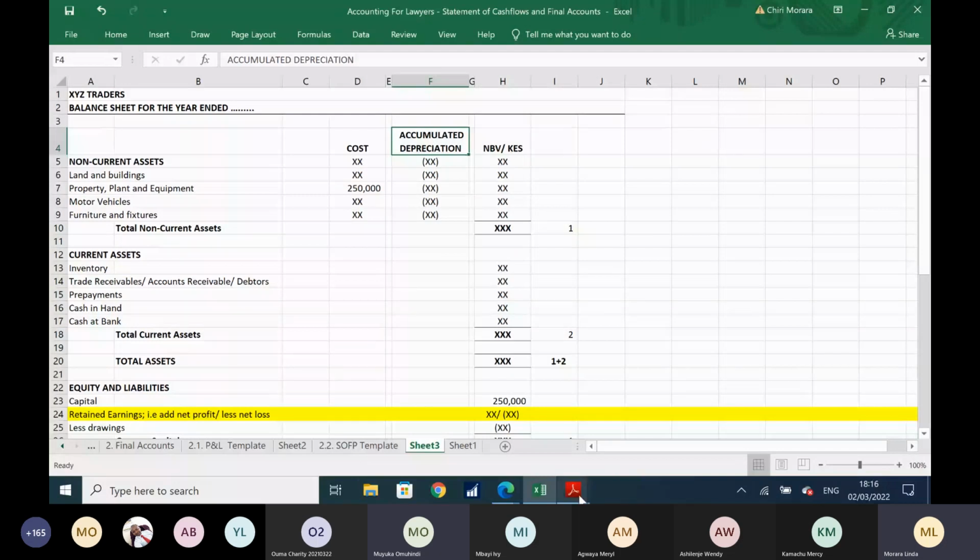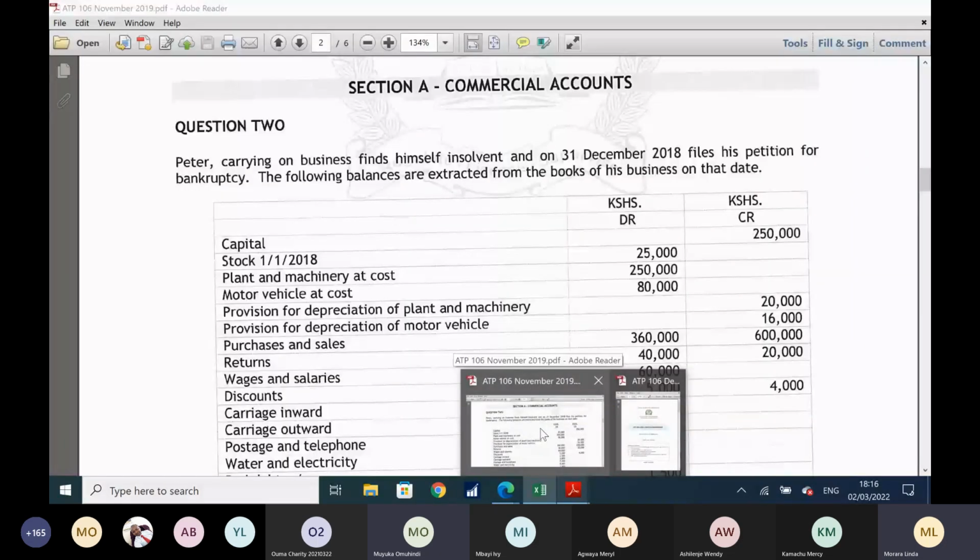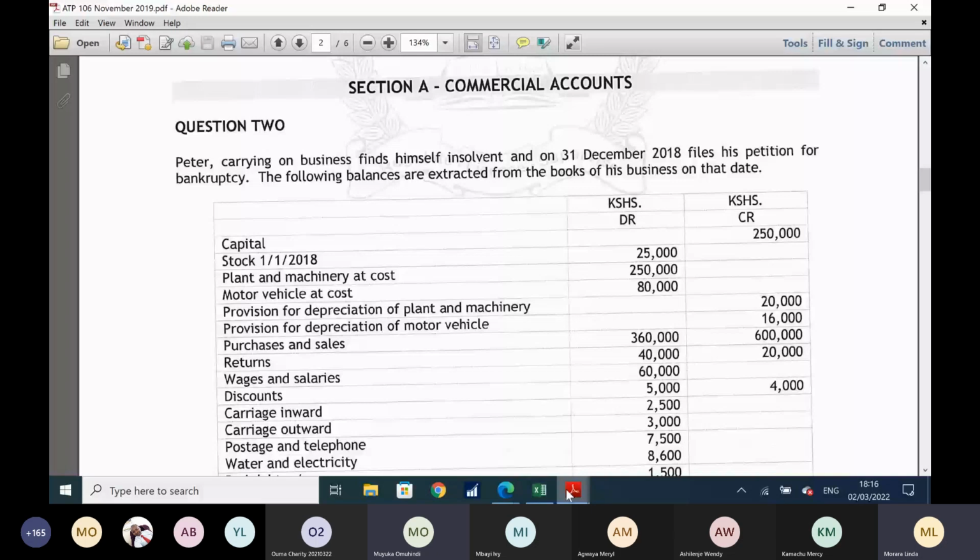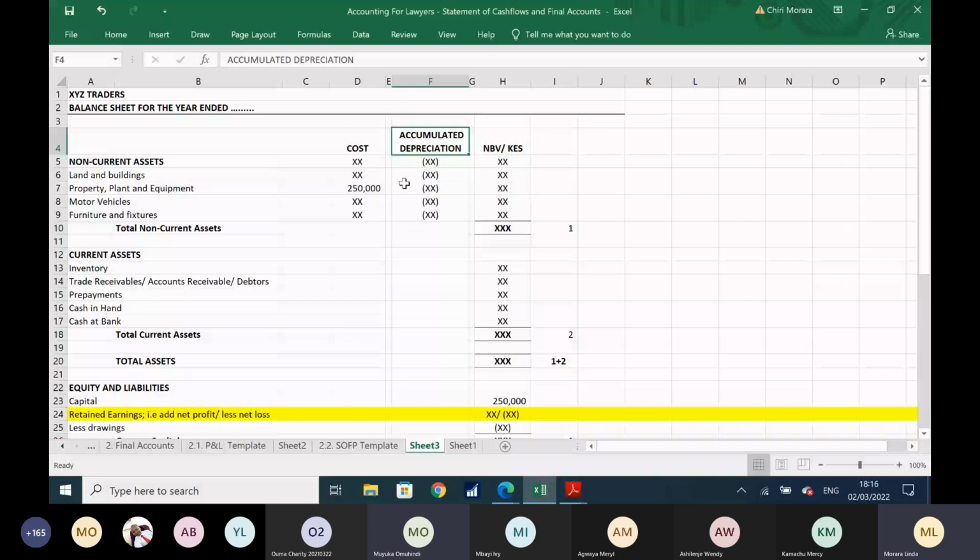So for our plant and equipment, our accumulated depreciation is this column here, the 20,000. That means that up to the beginning of this year, the accumulated depreciation on the plant and machinery was 20,000.